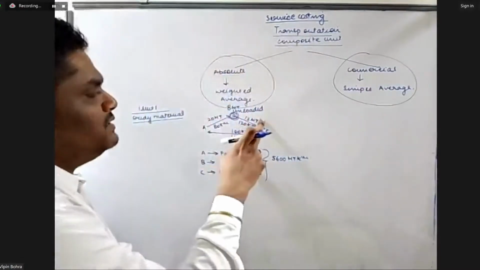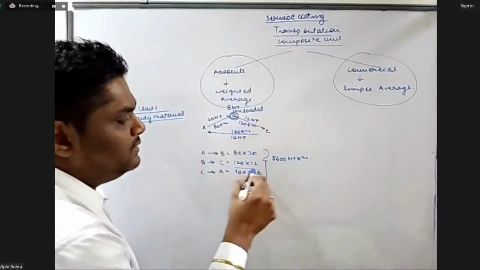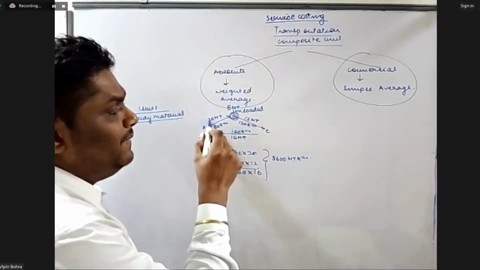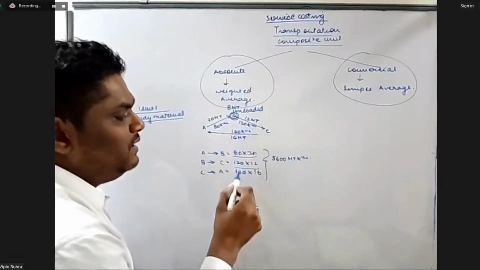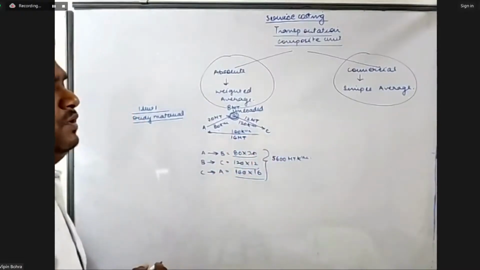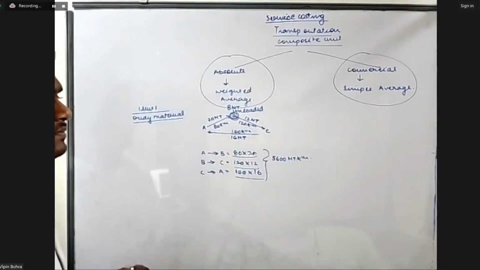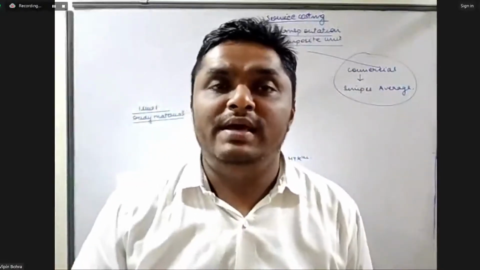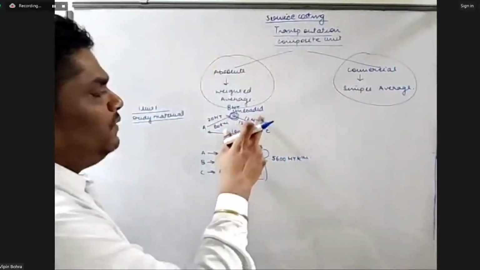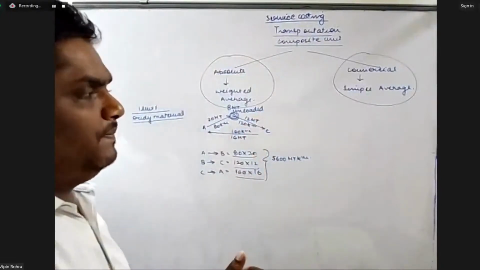So 12 metric tons traveled for 120 kilometers. Total 20 metric tons traveled for 80 kilometers and 16 metric tons traveled for 160 kilometers. These 8 metric tons were unloaded at city B. That's why we have taken 12 metric tons from B to C.